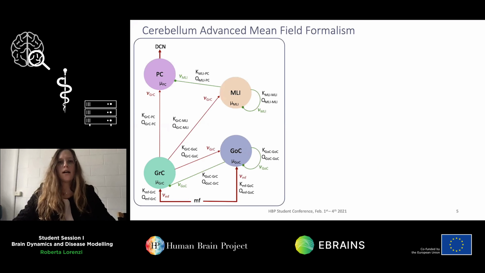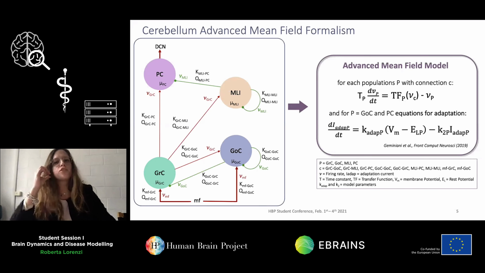So this is our network with all the biological and physiological features that are translated into the advanced mean field model. The word advanced comes from the fact that we have an equation like this one, a first order dynamic equation specific for each population, with a transfer function specifically fitted, taking into account the connection properties and also, for example, the quantal conductance and the population conductance specific for each population.